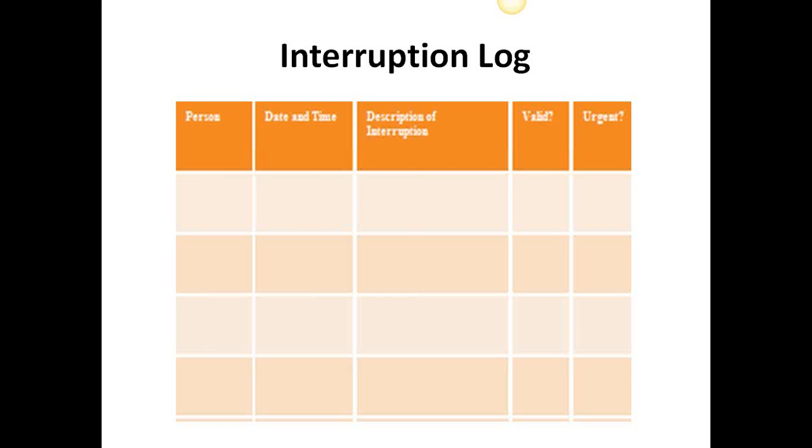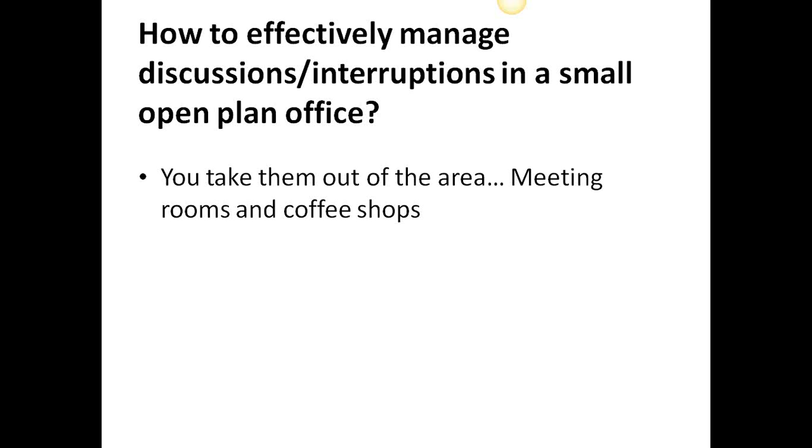Next question was, okay, great, and I can see some questions being typed in. That's wonderful. All right, so how to effectively manage discussions and interruptions in a small open plan office. The main point is that you take them out of the area. This is what meeting rooms and coffee shops are all about, so you can talk freely without disturbing others. It's very simple.